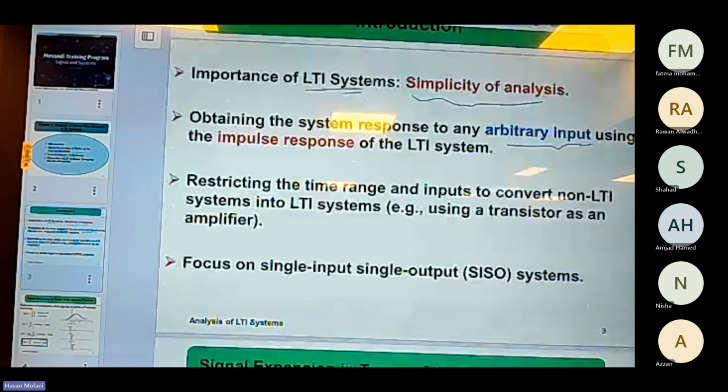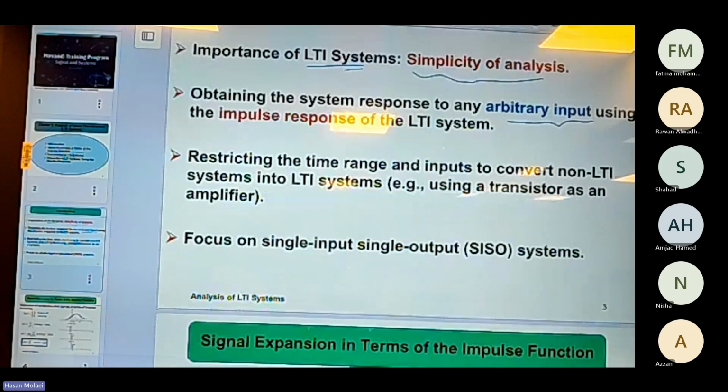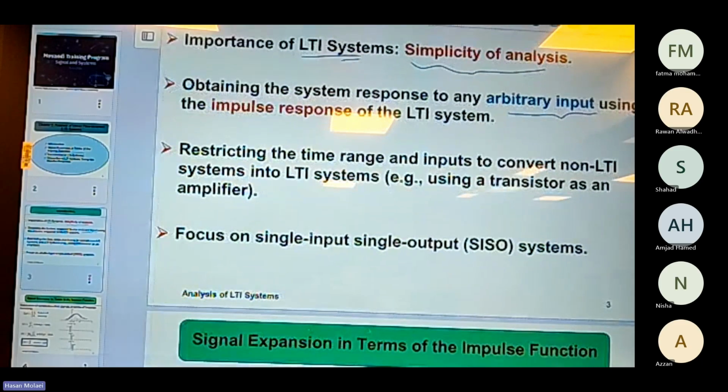And you will find that if we go to Laplace and Fourier transforms, it's even easier to find the response with only Fourier and Laplace transformation.